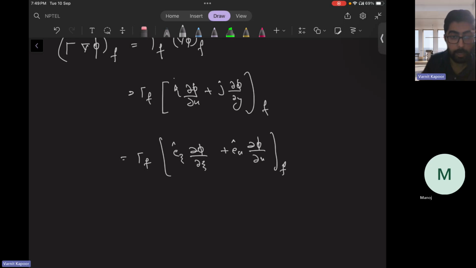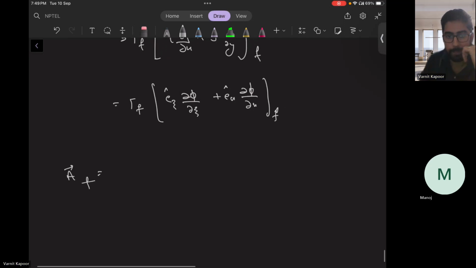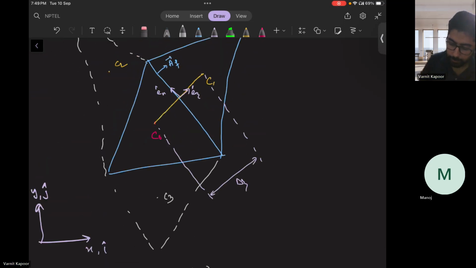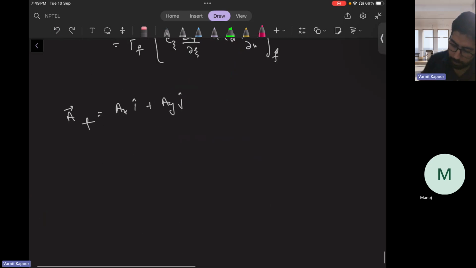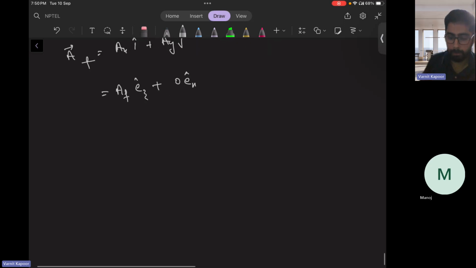And how will we write the area vector? For the global coordinate, it was ax i hat plus ay j hat. But here, if you see, the area vector is pointing only in the zeta direction, so this will be A_f e zeta hat, and not in the eta direction. Now you dot both of them.